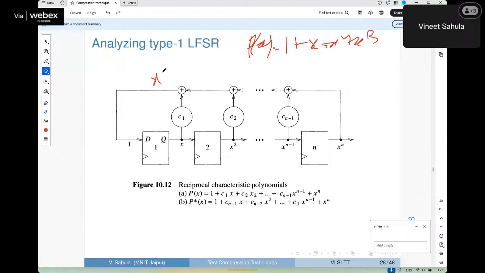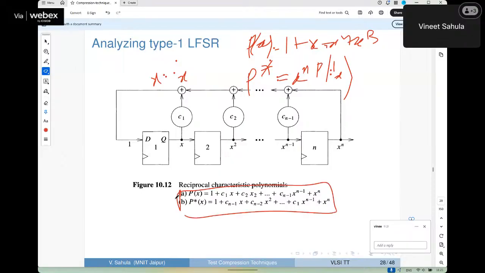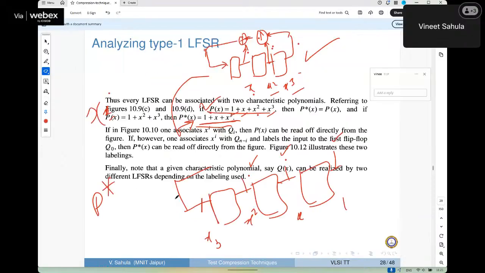If I replace x by 1 by x, my P star would be x^n P(1/x), and that will be different. It's here. Same structure, two polynomials. If you convert this, I will get this.